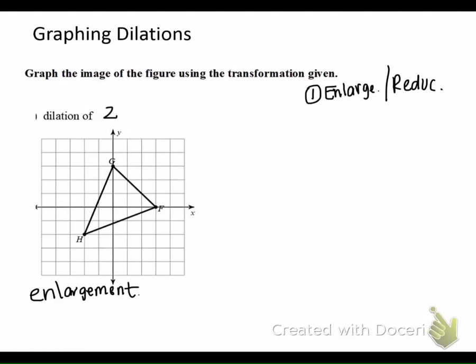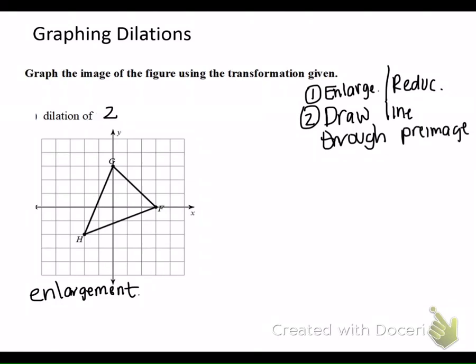Second thing is we're going to draw lines through pre-image points using the center of dilation.